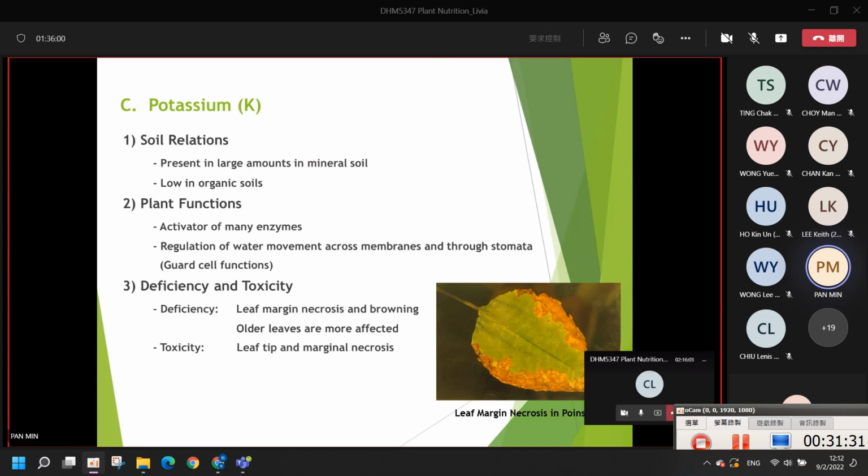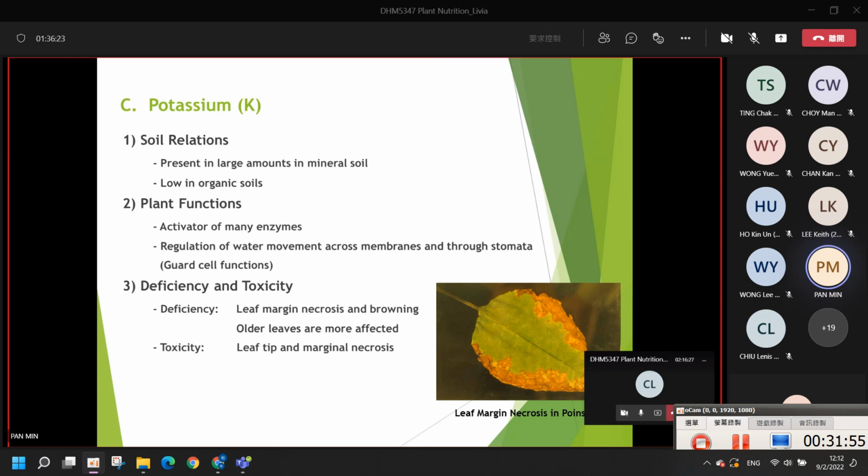The cell spots show the brown color, and the leaf cells are already dead, and it will show the brown scorching.